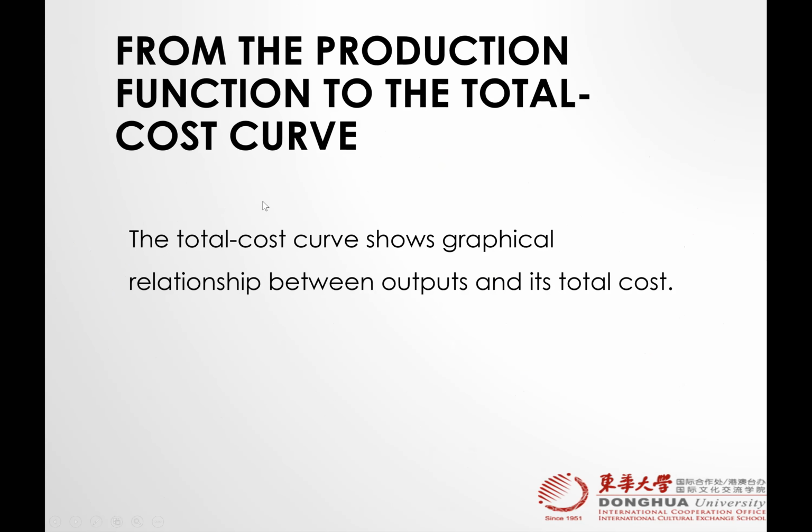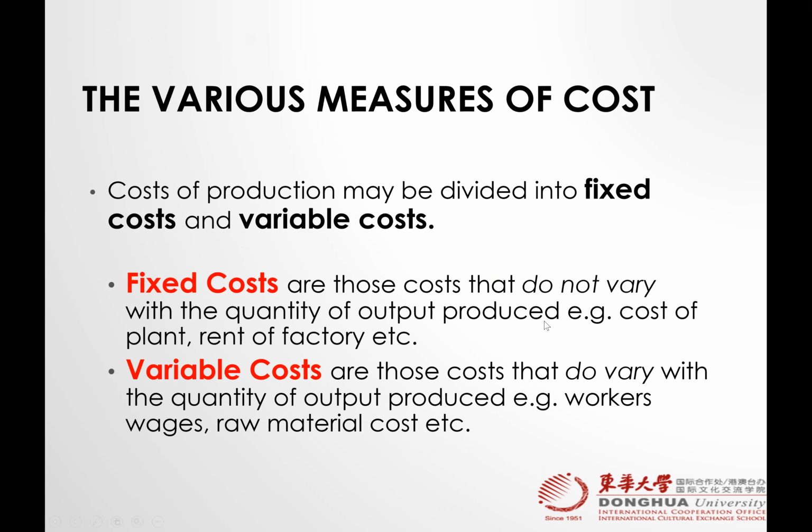Okay, now from the production function to the total cost curve. The total cost curve shows the graphical representation between outputs and their total cost. When we talk about the total cost concept, we talk about fixed cost and variable cost, right?